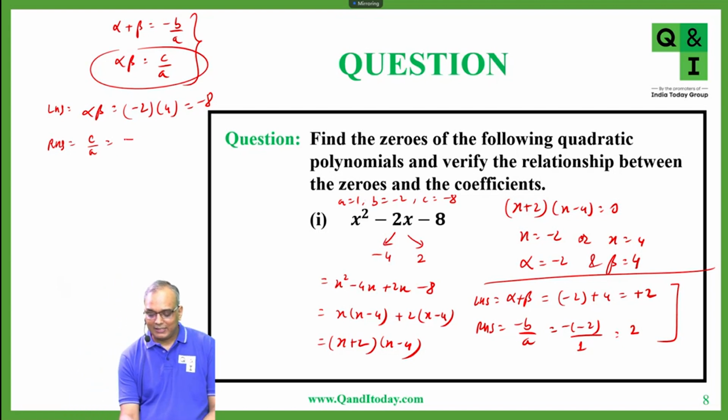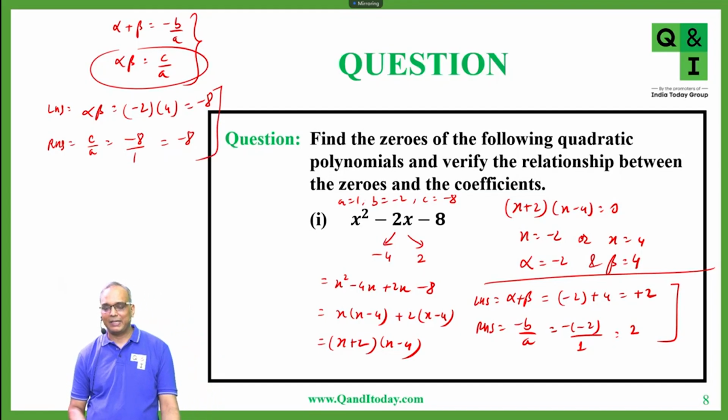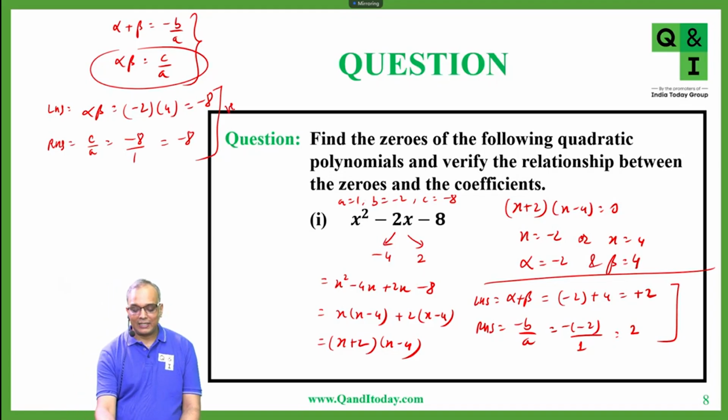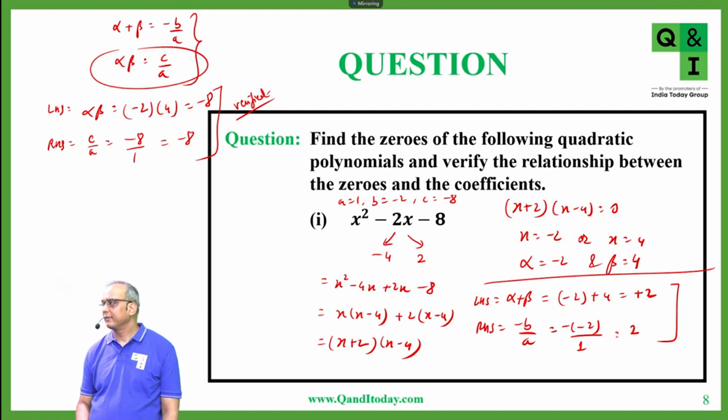So c is minus 8 over 1, which is minus 8. So both your LHS and RHS are equal. So this second relation is also verified. Is this clear to everyone? Both the results are verified. Quickly note this down. We can go to the next one now.